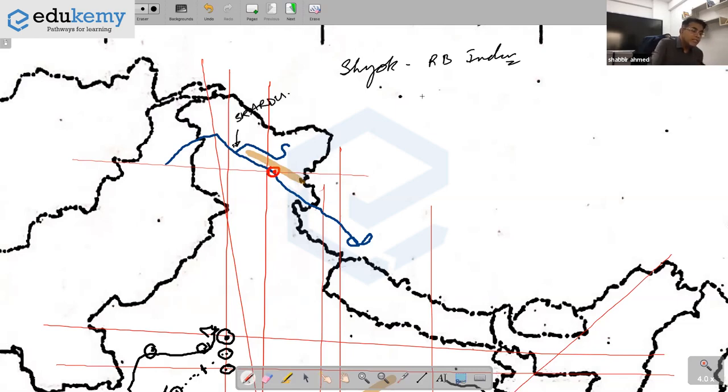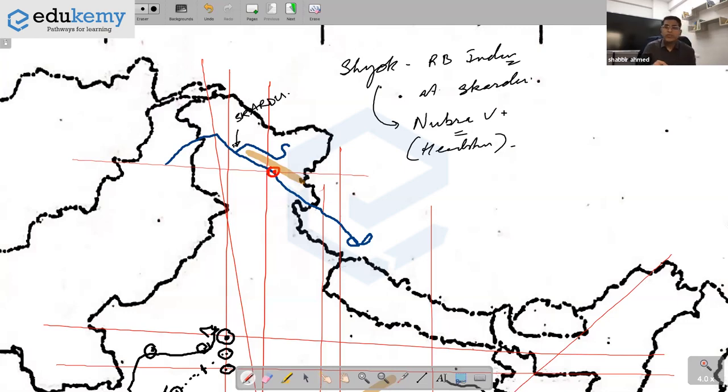So Shyok meets the main Indus at Skardu, and the head streams of Shyok include river Nubra. एक Nubra Valley भी है, Nubra Glacier भी है. Somewhere here, this is the Karakoram Pass.